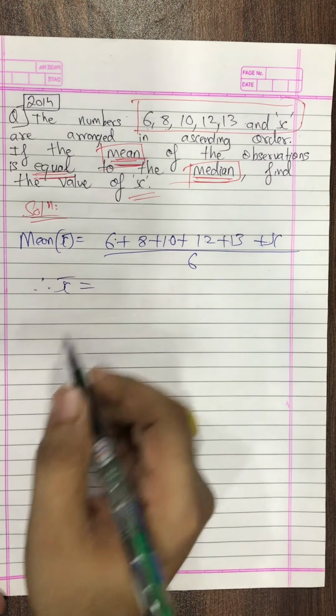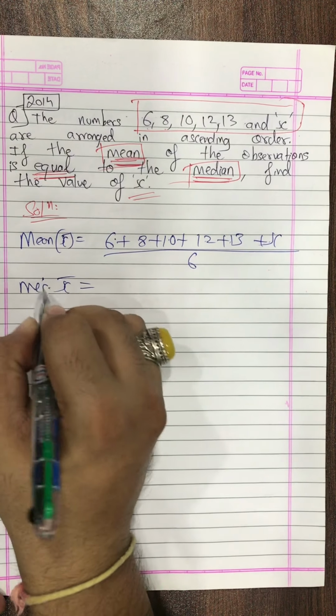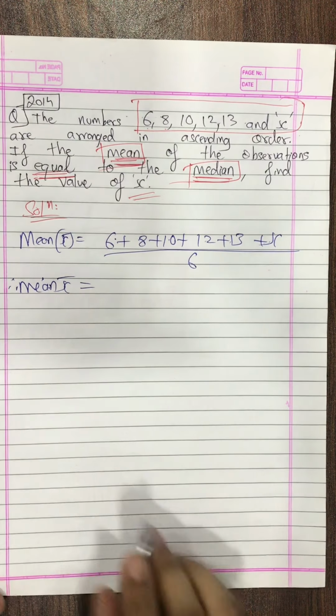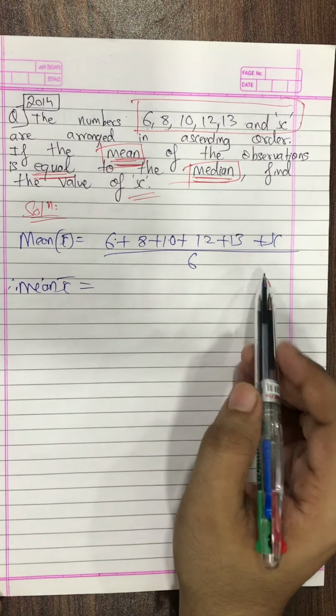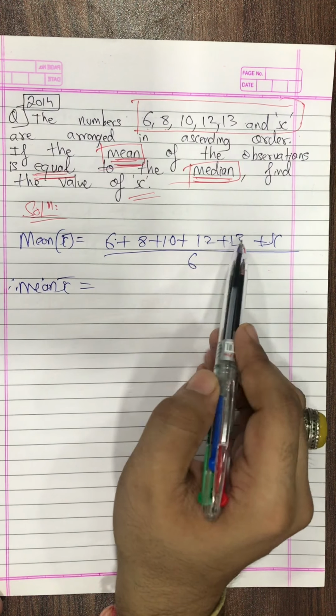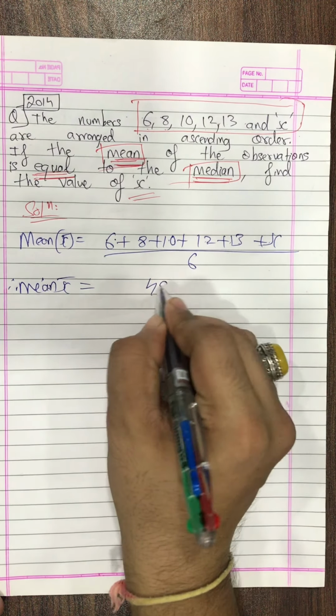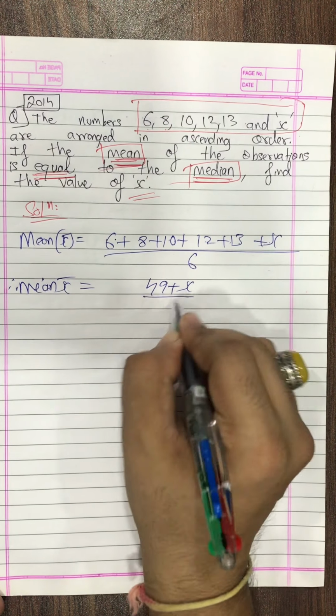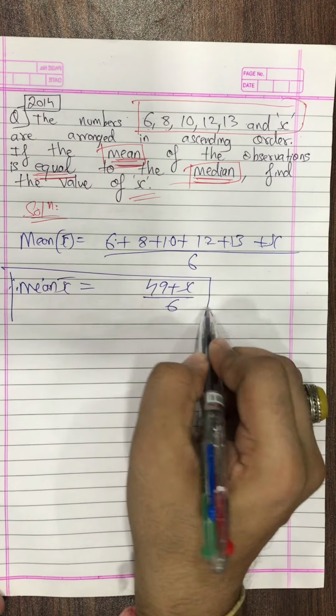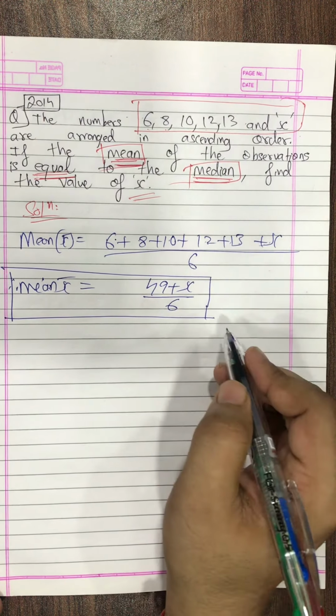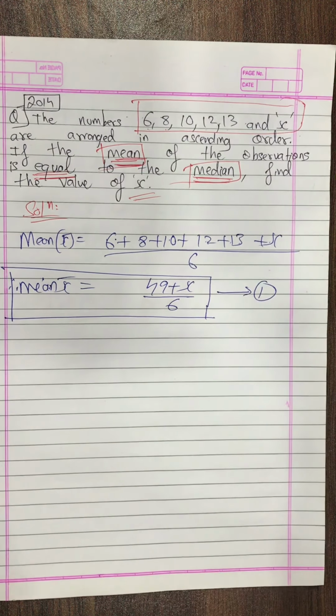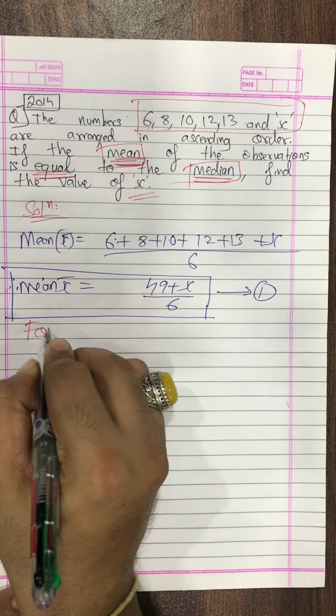Therefore mean x bar: if I add all the values, 6 plus 8 plus 10 plus 12 plus 13 comes to be 49. And of course, x will be x only, upon 6. I cannot do anything else at this point. Let me call this the first part. Now I'll switch to the median part.